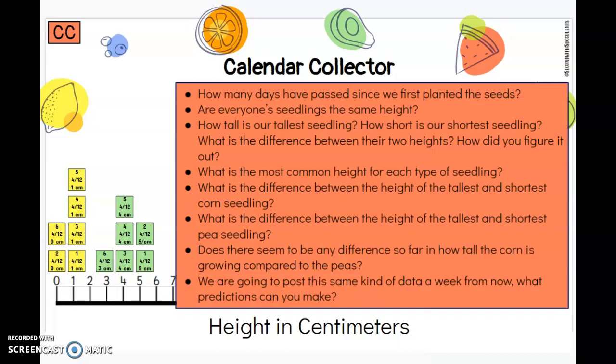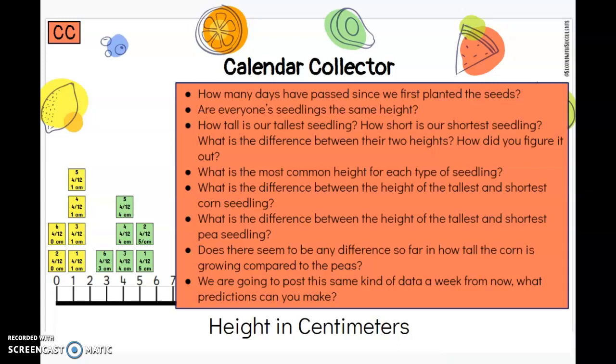Now, we are going to continue to post the same kind of data a week from now. I want you to think if there are any predictions you could make about what our seedlings will look like next week. Now, you may be thinking a few different things.